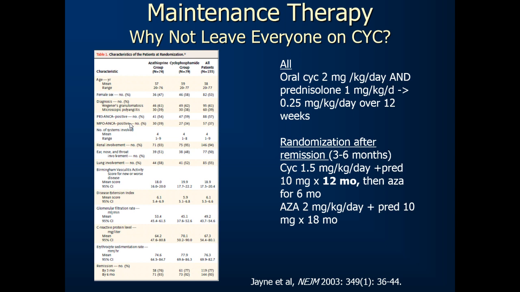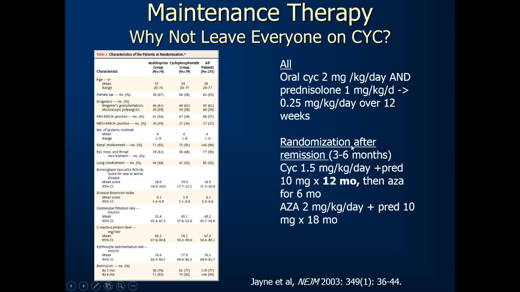Okay, so we'll talk quickly about maintenance therapy. If the cyclophosphamide works well, why not leave everyone on cyclophosphamide? The more obvious reasons are the cancer risk and fertility issues. But in terms of looking at how patients do with another agent for maintenance, this study showed that azathioprine is effective as maintenance therapy.